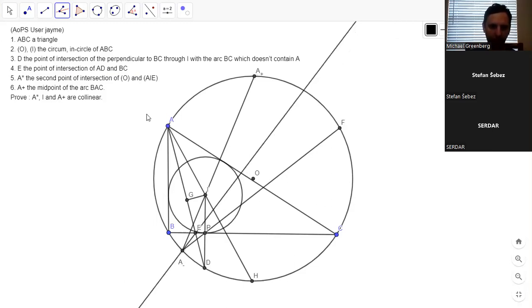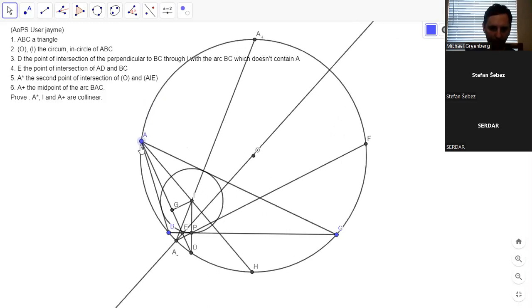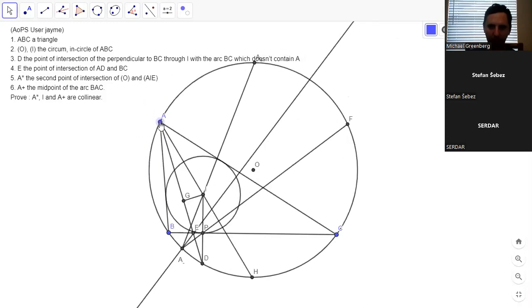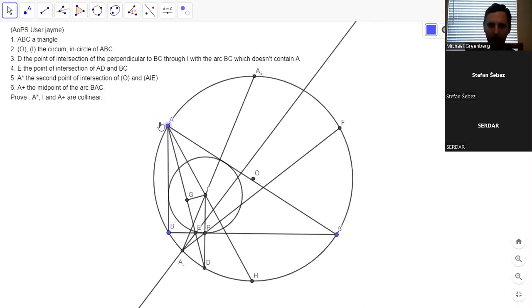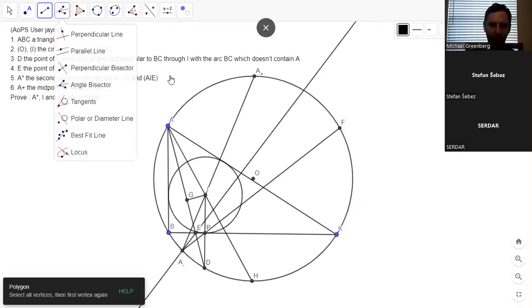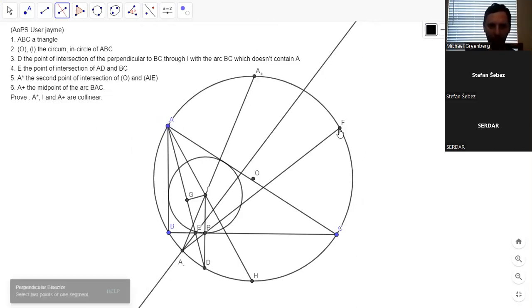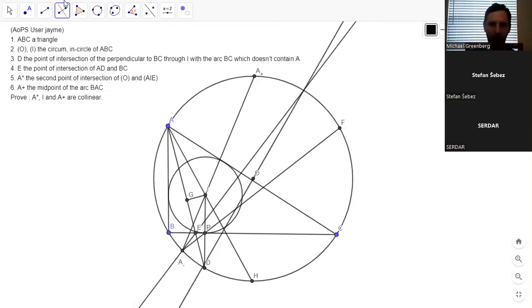Let's see. Well, it's kind of hard to tell just doing that. Why don't I do this? This will tell me whether it's the case. Oh yeah, pretty sure it is.